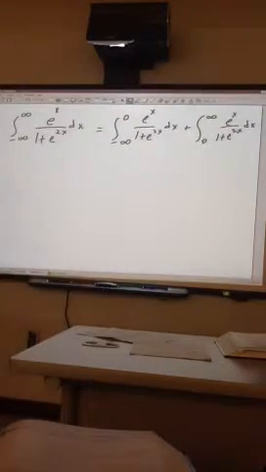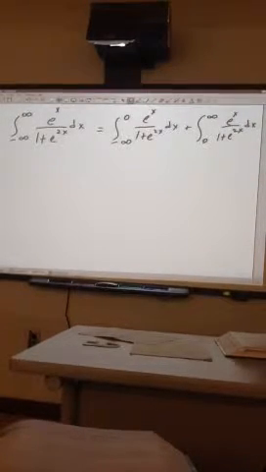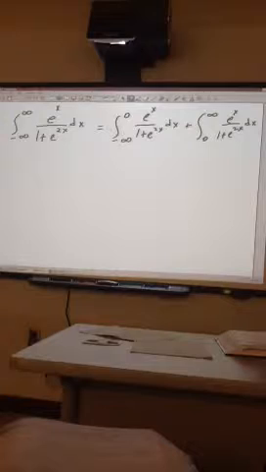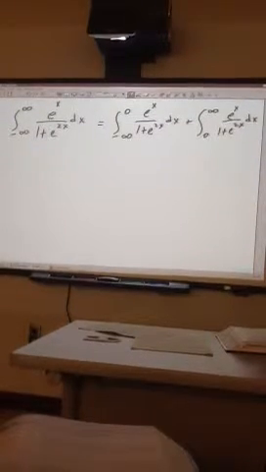You can split it at 1, you can split it at 2, you can split it at pi halves, whatever suits you, but I like 0. So you have to use the fundamental theorem twice and add them together.